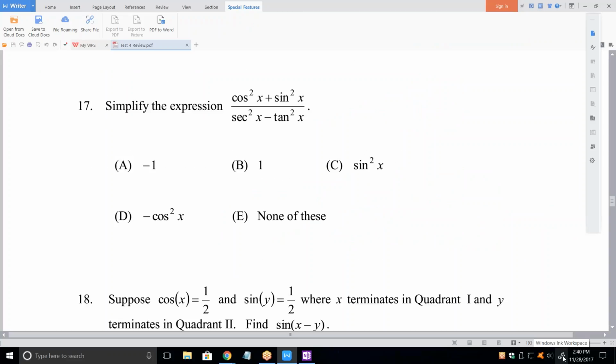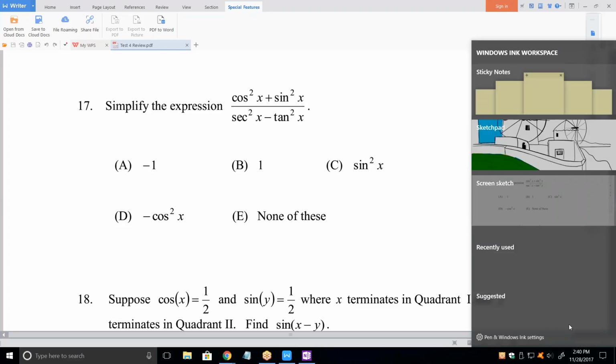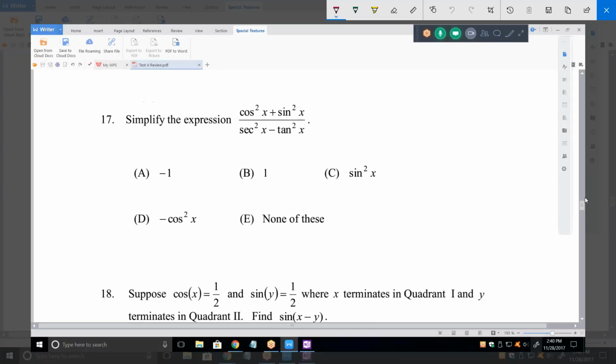Okay, which identities are we most likely to need here? Reciprocal, quotient, or Pythagorean? I'm not going to need reciprocal. Everything we're looking at is squared. Think Pythagorean.